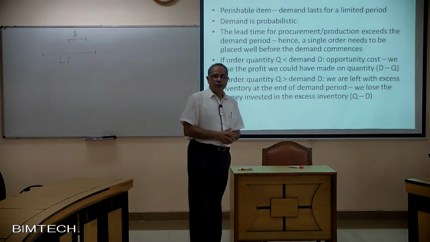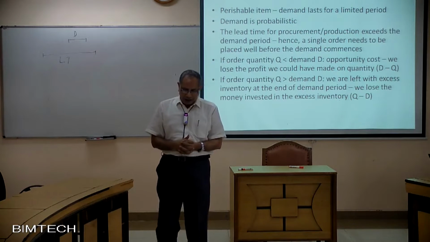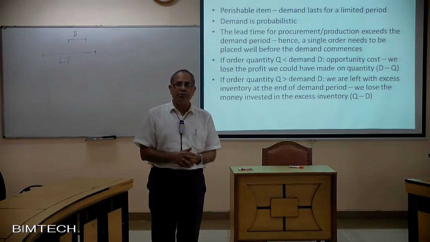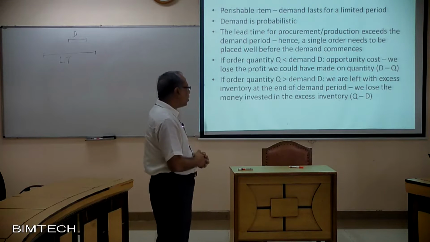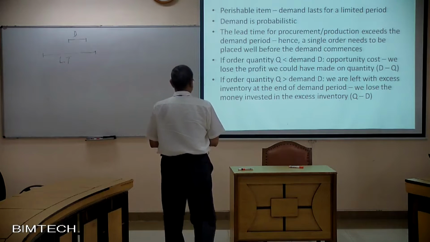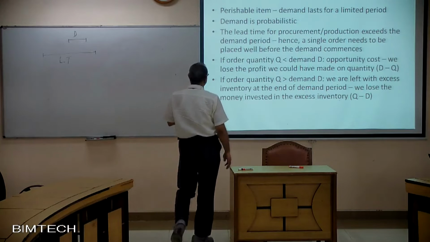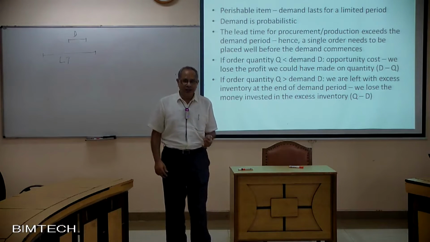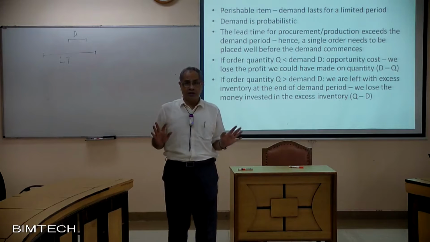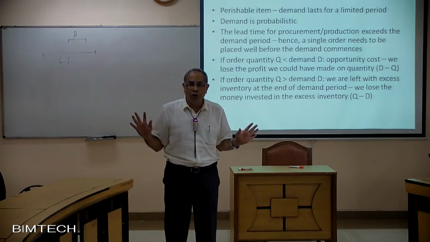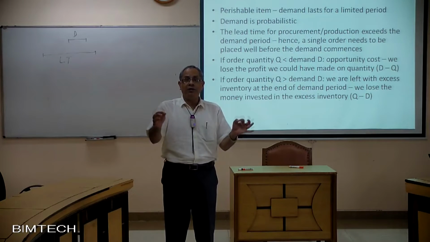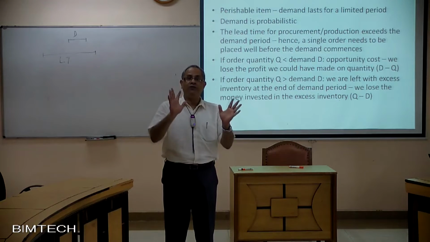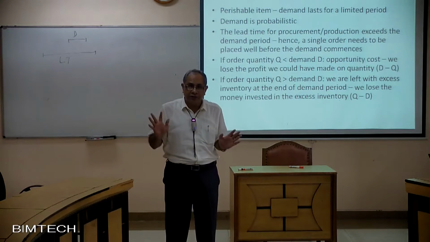So what are the possible implications? Not very happy outcomes. For example, if your order quantity Q is less than the final demand, remember the final demand you don't know, but after the demand period, obviously there is one value of that demand that has happened.